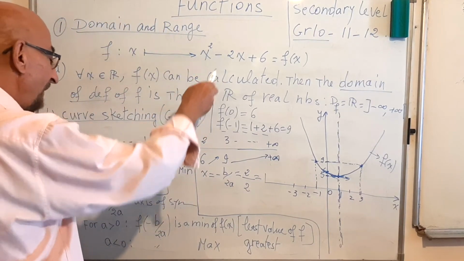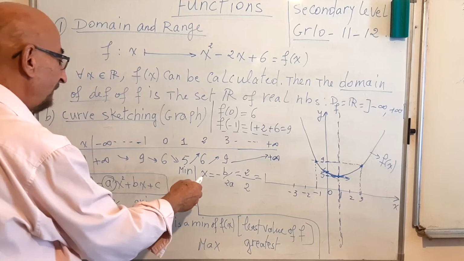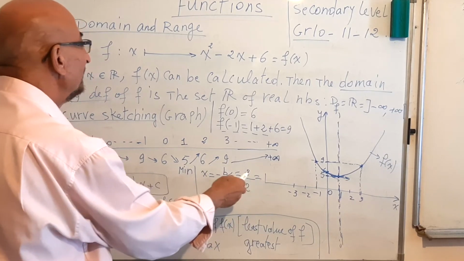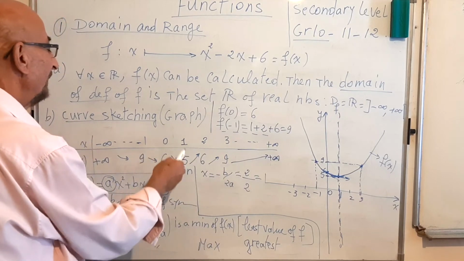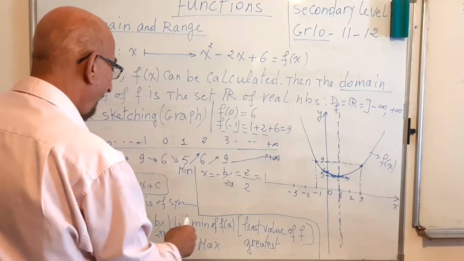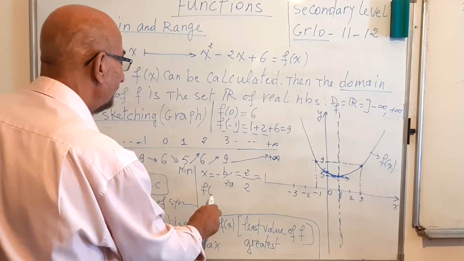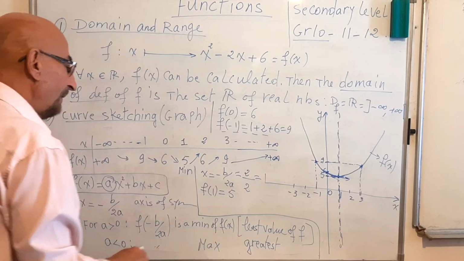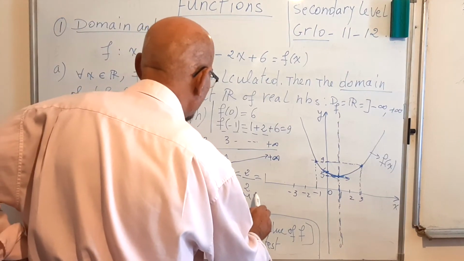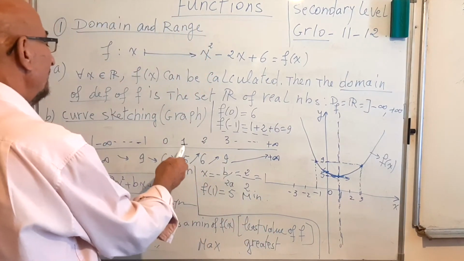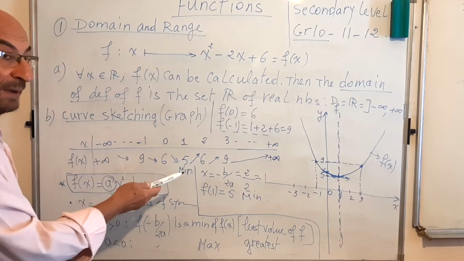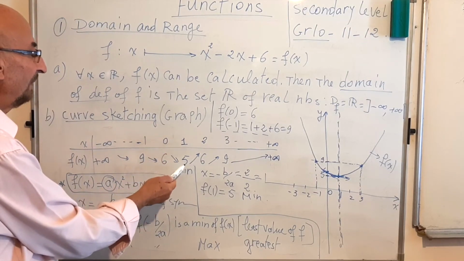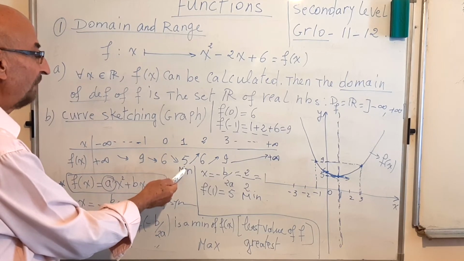For this function, f of minus b over 2a is f of 1, equal to 5. 5 is the minimum. In the table, for x equal 1, f of x equal 5 is the minimum.